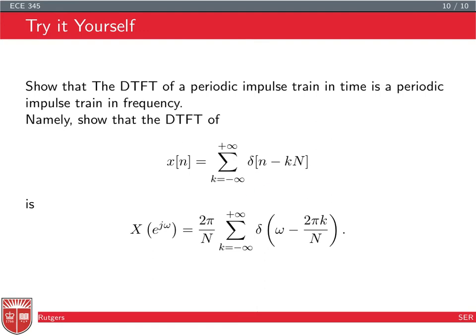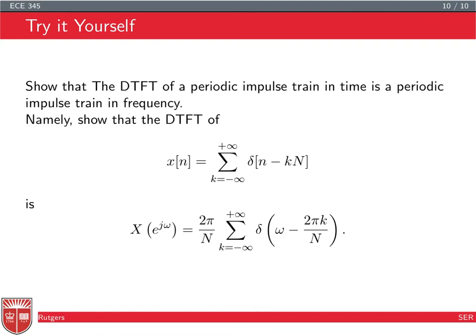The first statement follows immediately from what we did, because an impulse train in time is periodic, and therefore the DTFT of it is also an impulse train. And now the question is, how does it look? So the impulse train in the time domain looks something like this, and I want you to show that this would be the DTFT of it.